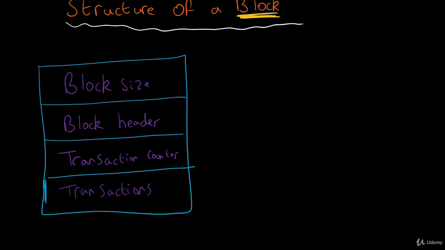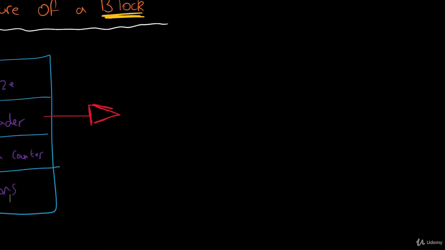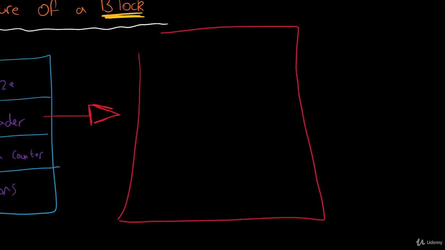So like I said, the block header is formed of several fields and they are very, very interesting fields. And let's cover those amazing and awesome fields right here. So there are 6 fields. So let's just divide that in half.